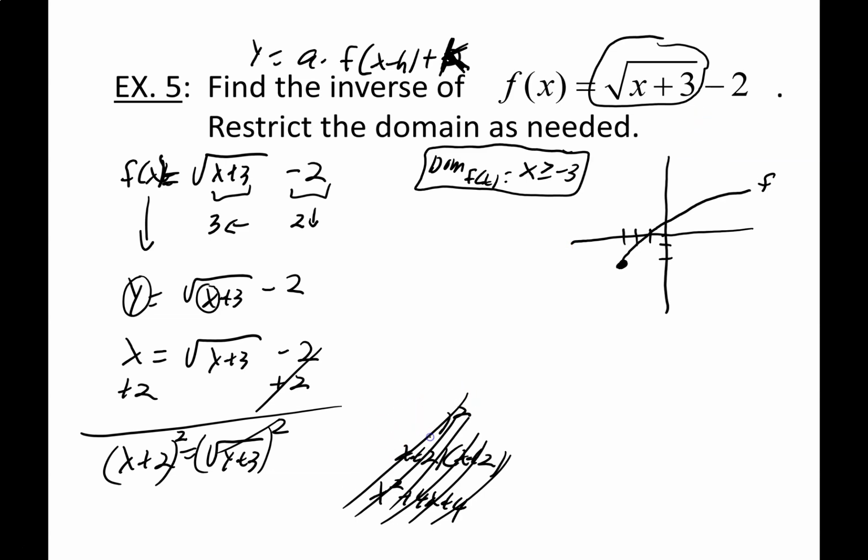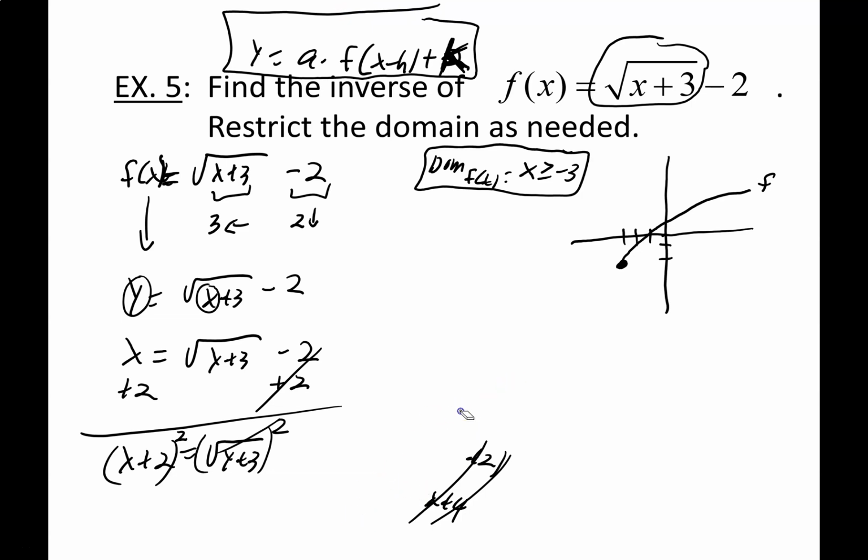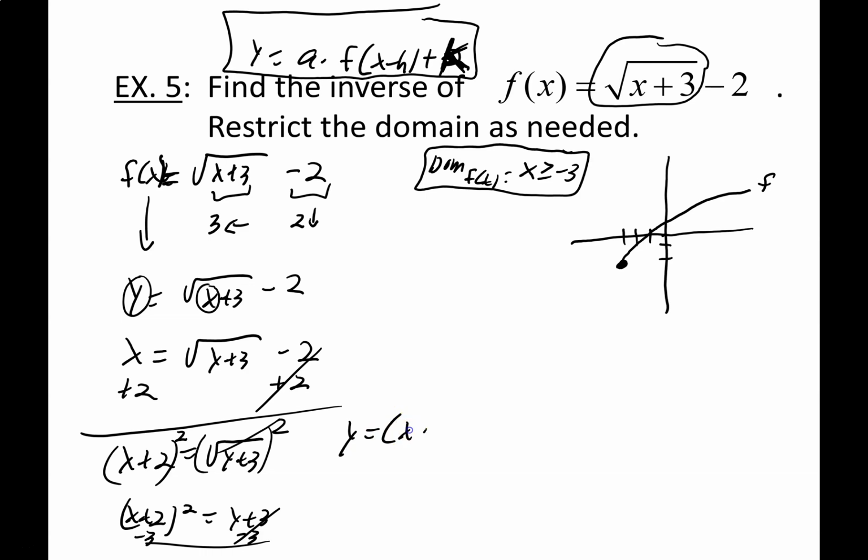So again, I want you to make sure that when you're doing these, it is in that transformation or vertex form. So I'm going to just say then, that gives me x plus 2 squared equals y plus 3. Then when I subtract 3, I get y equals x plus 2 squared minus 3.